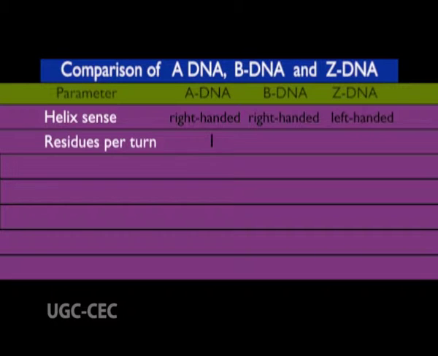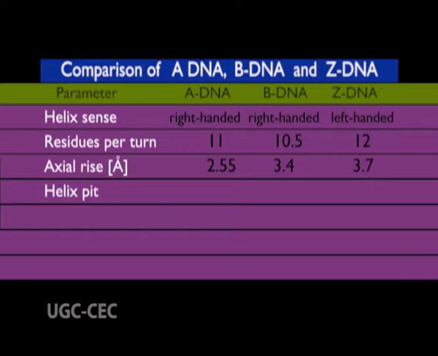A DNA has 11 residues per turn, B DNA has 10.5 residues per turn, and Z DNA has 12 residues per turn. Next parameter is axial rise in angstrom. A DNA has 2.55 angstrom axial rise, B DNA has 3.4 angstrom axial rise, and Z DNA has 3.7 angstrom helical rise.